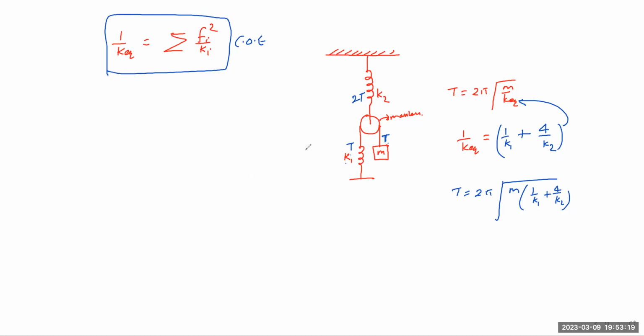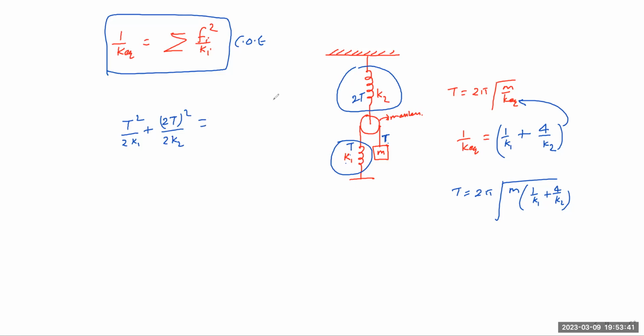But anyway, let's think about the total energy stored in all these things. What is the energy stored here? The energy stored is T²/2k1, if you remember the formula, plus (2T)²/2k2.